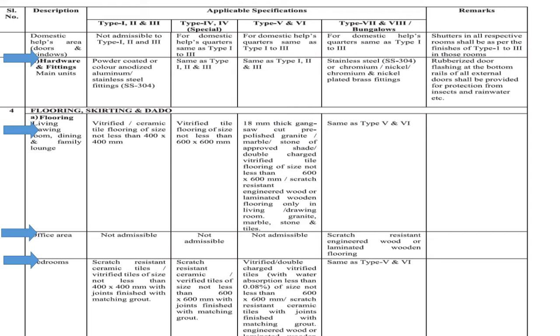So, on the whole, there are some differences in specification of type 1 to 3 and then 5 to 7. But in the CPWD plinth area rate 2020, a single rate has been given. This is creating a confusion among the valuers.